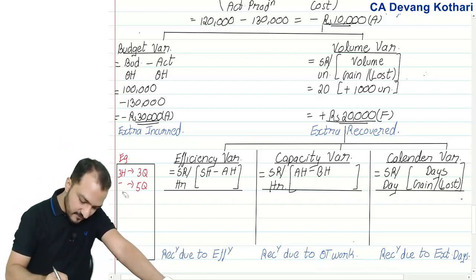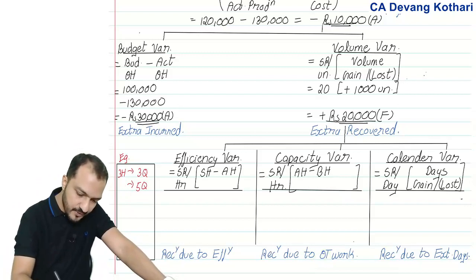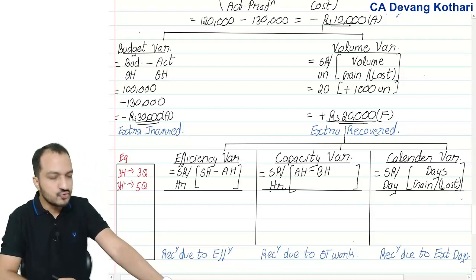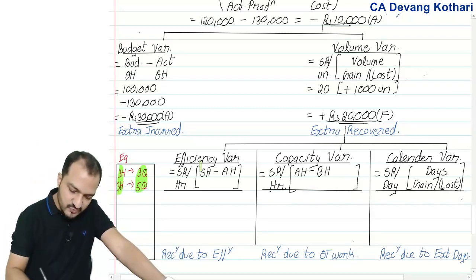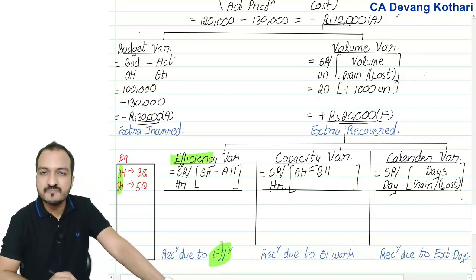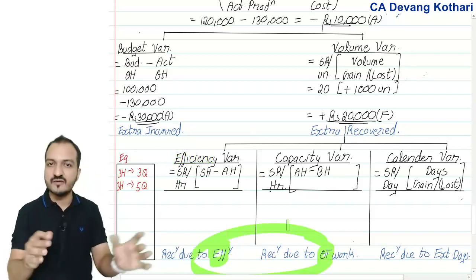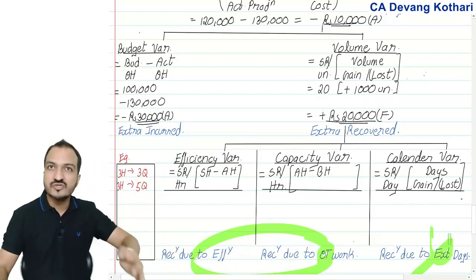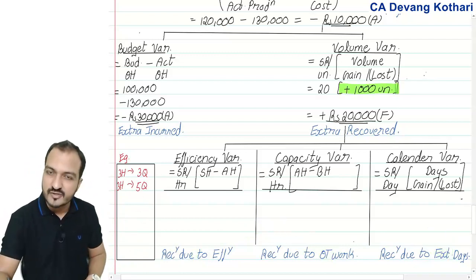But what if I say that I got extra questions because in spite of working 3 hours, we were able to do 5 questions? Now, if we were able to do more questions in the same time, then this indicates efficiency. So efficiency and overtime are the two main reasons for getting extra units.